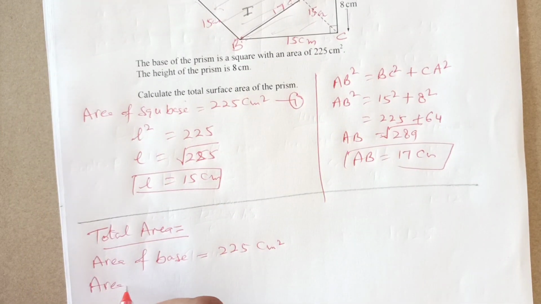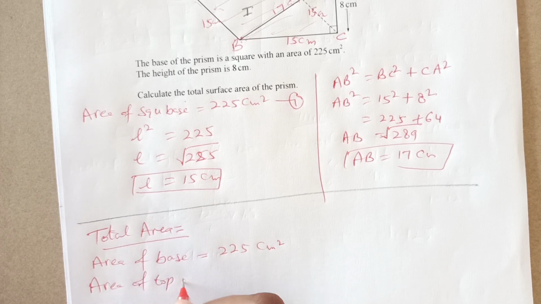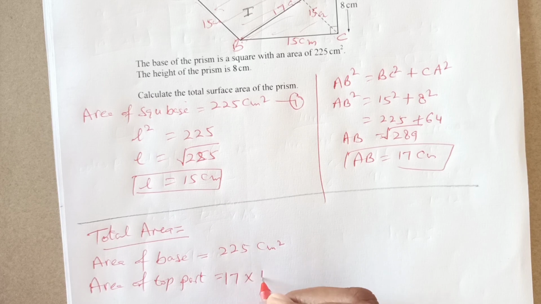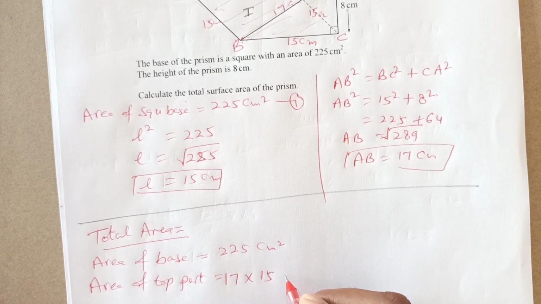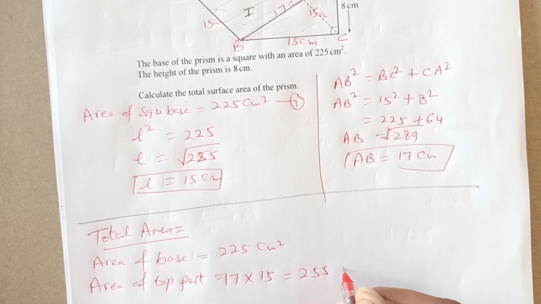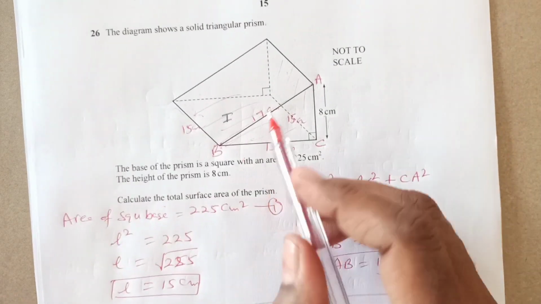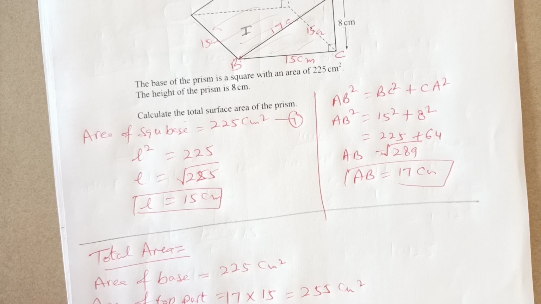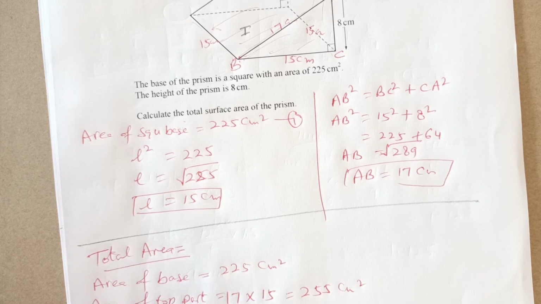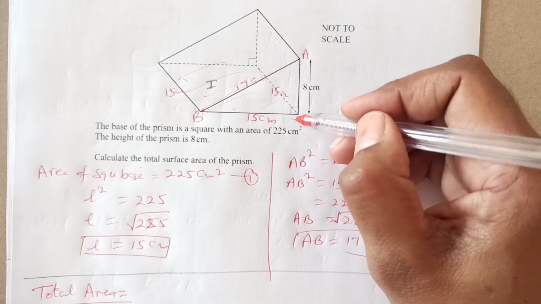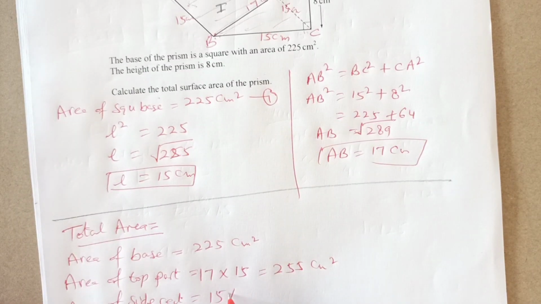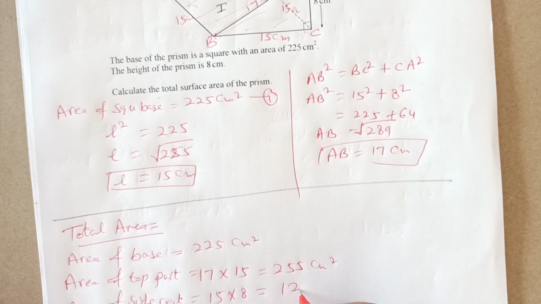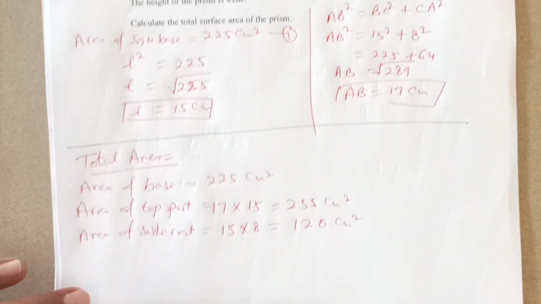Area of the top part is 17 times 15, which is 255 centimeter square. Now this top is done. The side one is also a rectangle. We have 15 times 8. 15 times 8 is 120 centimeter square, right?